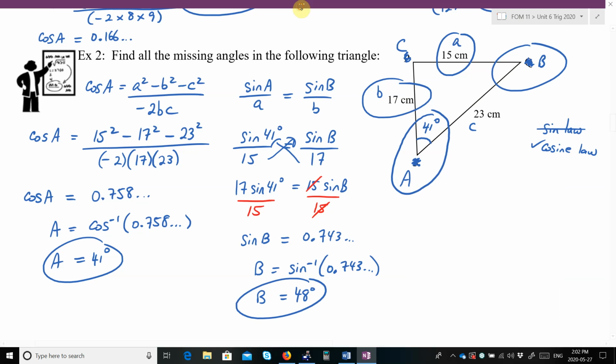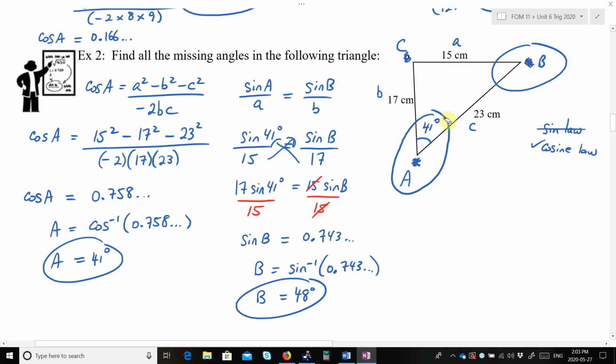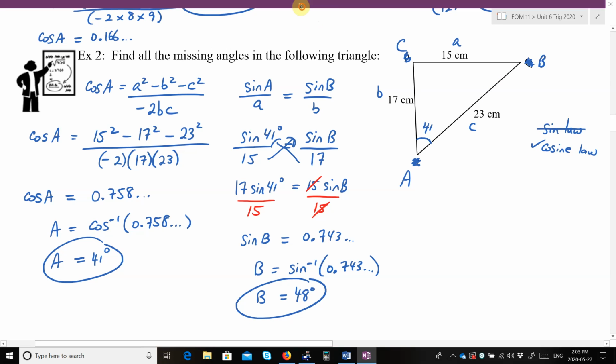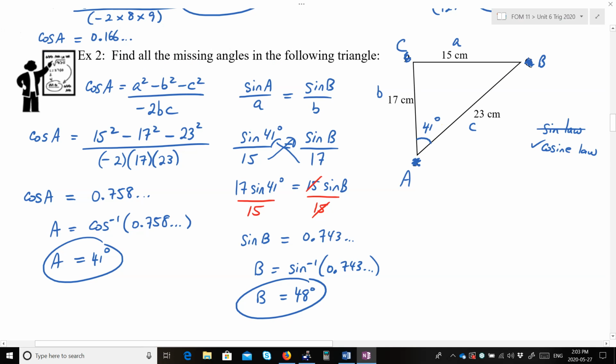Okay, so I'm just going to fix up my diagram here a little bit so it doesn't have so much stuff on it. We just figured out that this is 48 degrees. And the way to get angle C now, guys, this one here, is you can use angle sum of triangle.